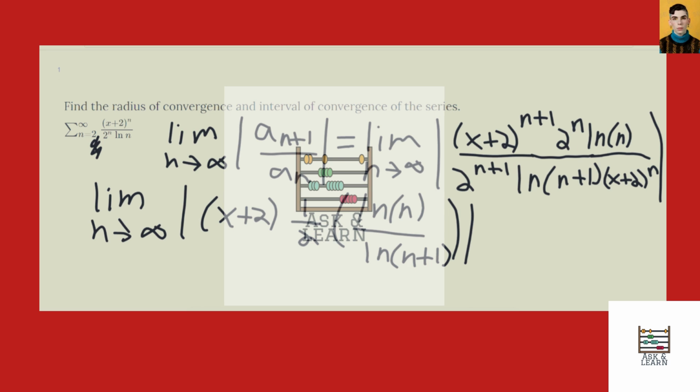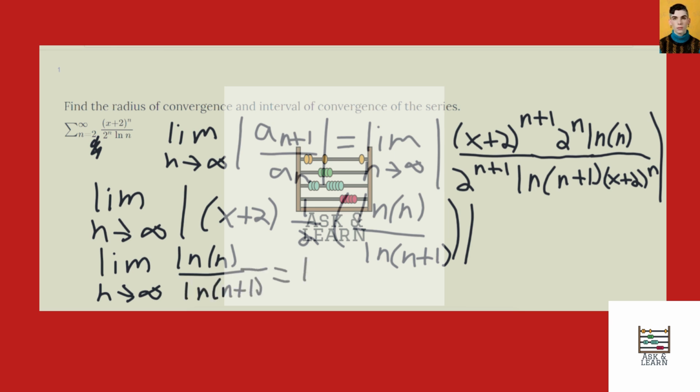And to figure out the limit as n goes to infinity of natural log of n divided by natural log of n+1, you do L'Hopital's rule here. So both the top and the bottom blow up to infinity, so you can apply L'Hopital's rule.